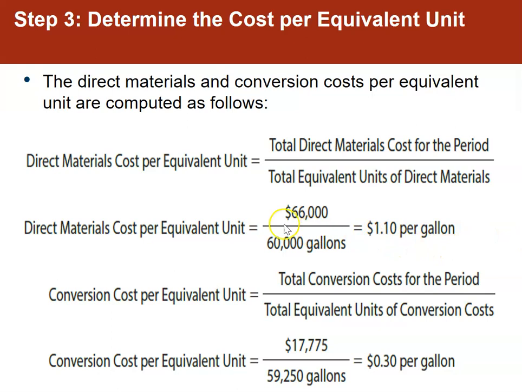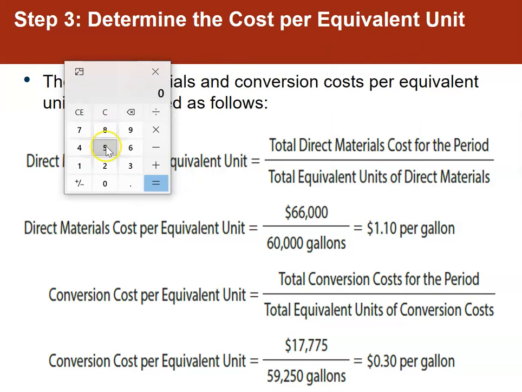So what we already know, at least in the examples that we're looking at, is we were able to start and complete 57,000 gallons of ice cream in the month of July, but then we also had another 3,000 that were 100% complete as to materials, and so that's where we're getting this 60,000 gallons here.